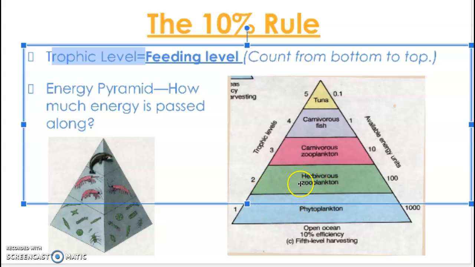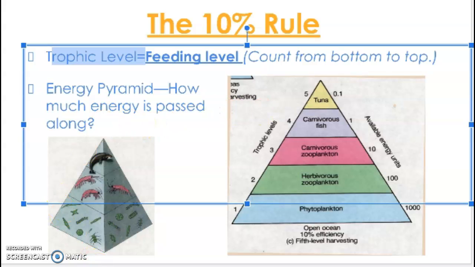This eats this eats that. Like tuna eats carnivores. Carnivorous fish eat carnivorous zooplankton. Carnivorous zooplankton eat herbivores. Herbivores eat phytoplankton. These are different feeding levels, and the higher up you are, the less energy there is for consumption.